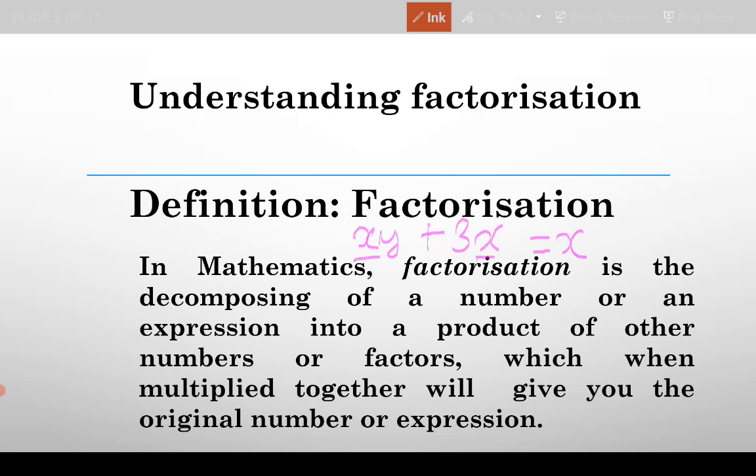We have x, then open bracket, y plus 3. Therefore, we have factorized the expression xy plus 3x into x times (y plus 3). If we remove the brackets, multiplying x by y and x by 3, we get back the expression. That's factorization.